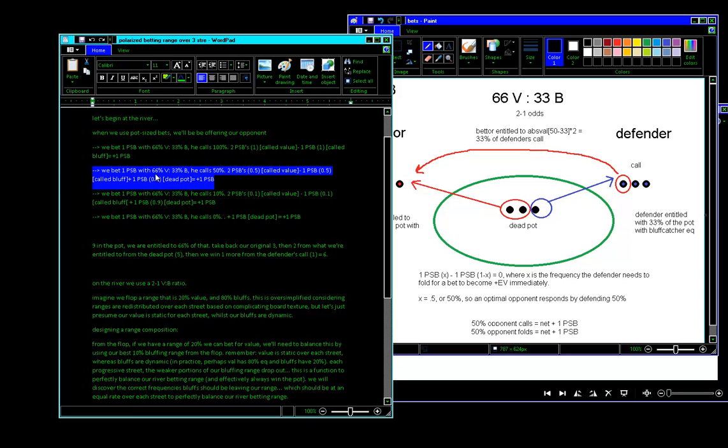So if we're betting 2 pot size bets of value for every 1 pot size bet of bluff, and he's calling 50% of the time, for our value we're getting paid at 50%. So 2 pot size bets times 50% is 1 pot size bet.